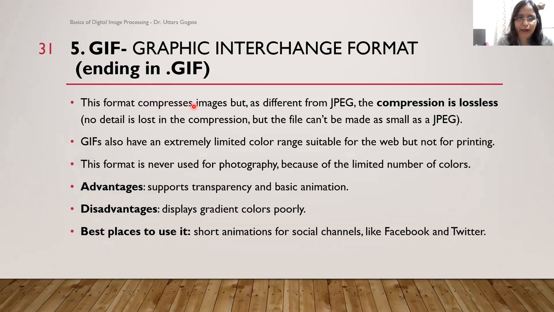The format compresses the image, but different from JPEG, the compression is lossless. We have seen the JPEG compression is lossy, but GIF compression is lossless, and that's why it is very popularly used on social channels for short animation. But the quality, that means while displaying gradient color, is poor. That is the disadvantage.